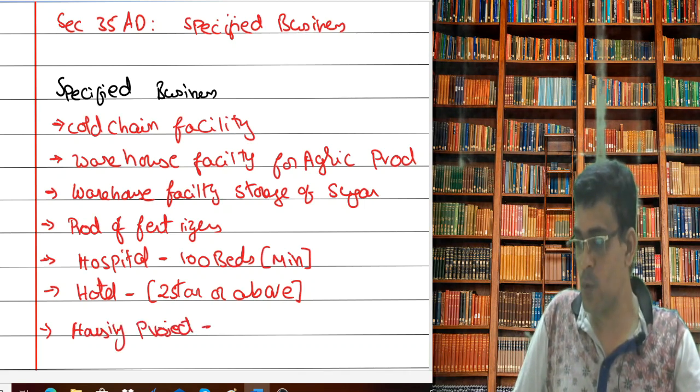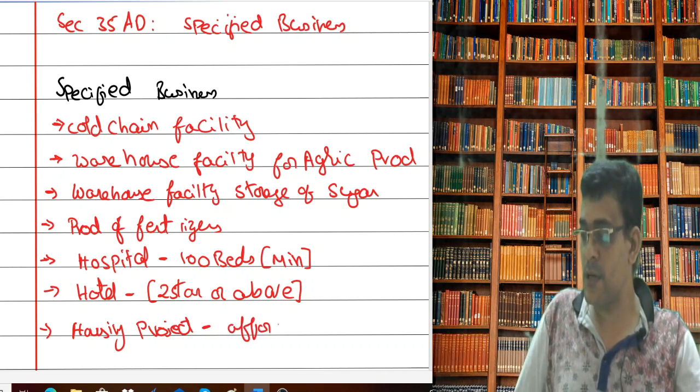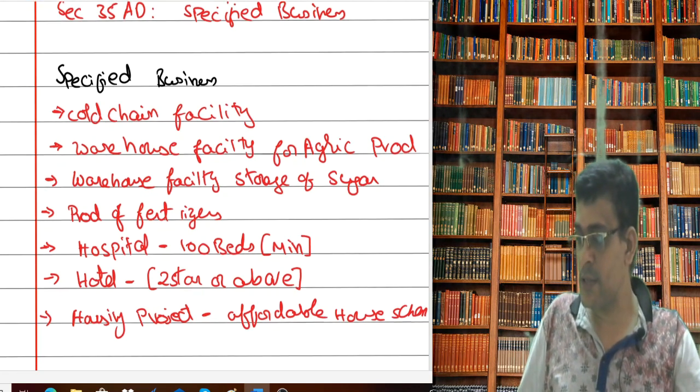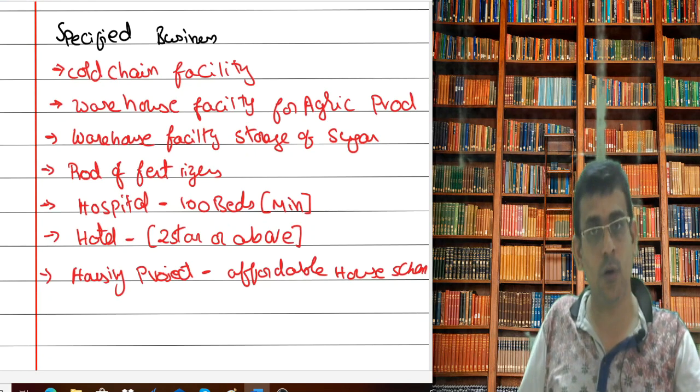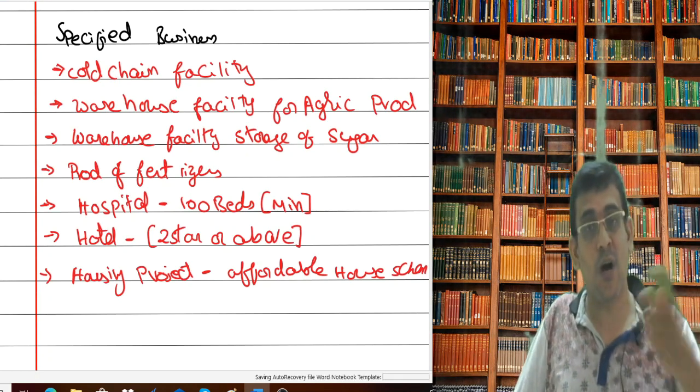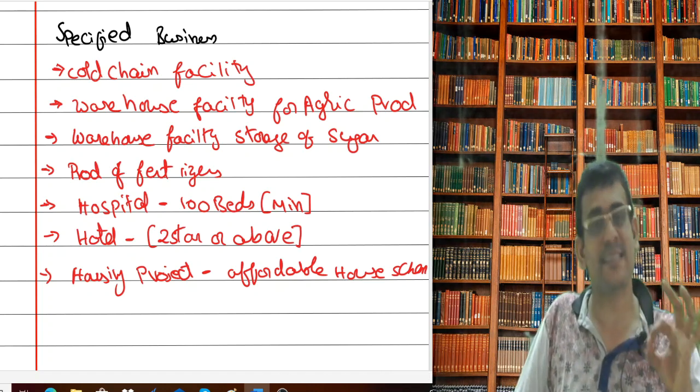It's a government housing project, and you are constructing the housing projects under something called an affordable housing scheme. The government is launching a scheme: you can buy the house at a lesser cost. So ultimately, you are doing the construction and giving the house to the government, and the government is giving the house to the public. So ultimately, you are doing a business which is called a specified business.